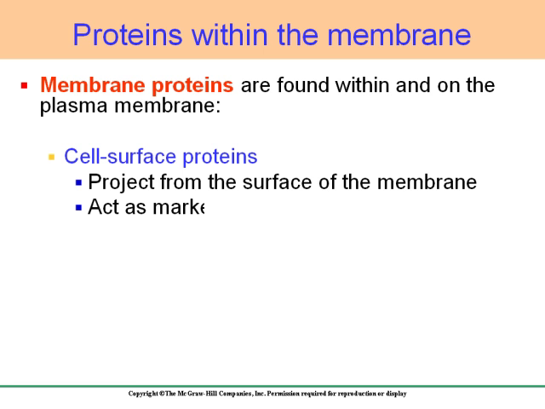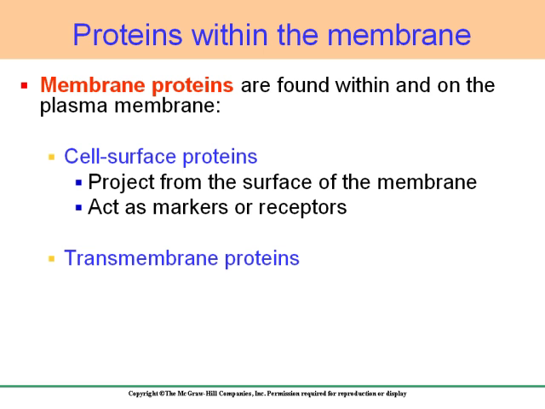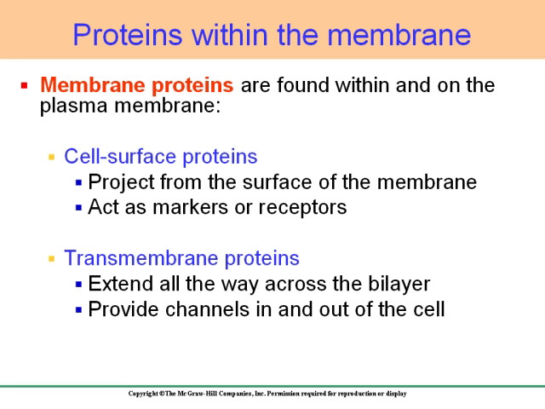There are several proteins within the membrane itself. These are considered membrane proteins. They're found within and on the plasma membrane. You have two different types of membrane proteins. Number one, cell surface proteins, and number two, transmembrane proteins.